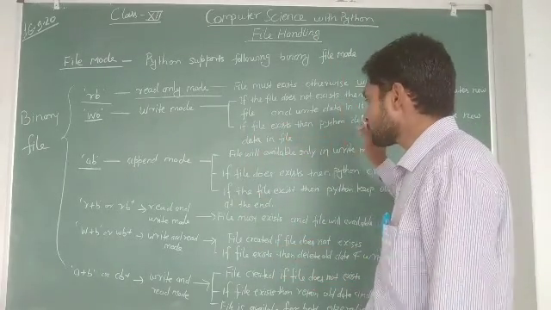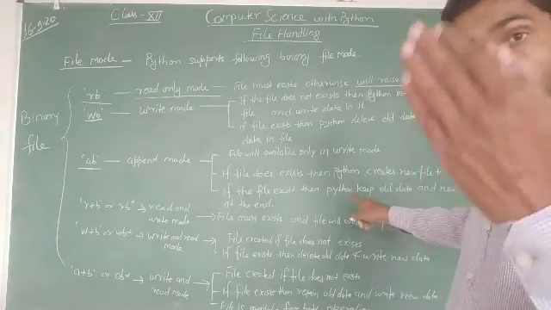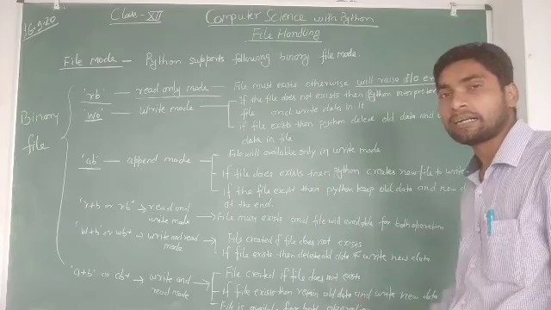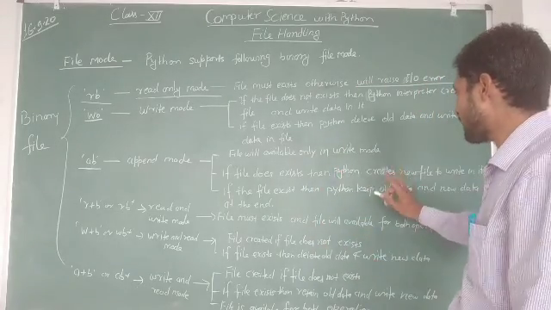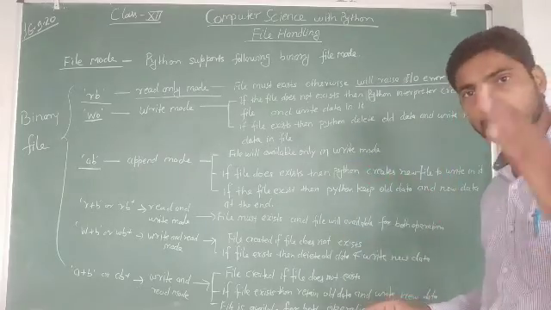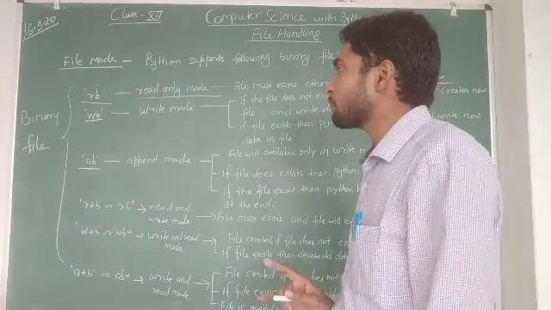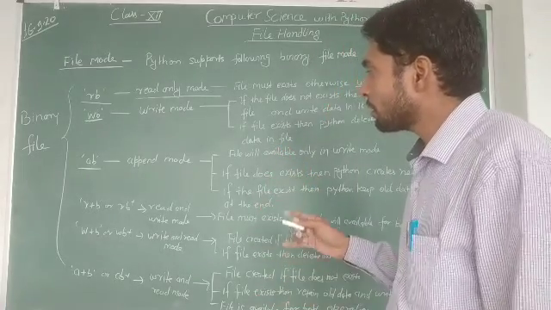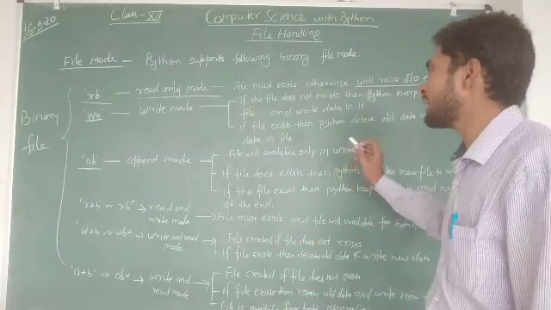If the file exists, then Python keeps the old data and gives facility to write new data. And if the file does not exist, Python creates a new file and gives facility to write the data. Be careful and remember, in append mode you can perform only the write operation.